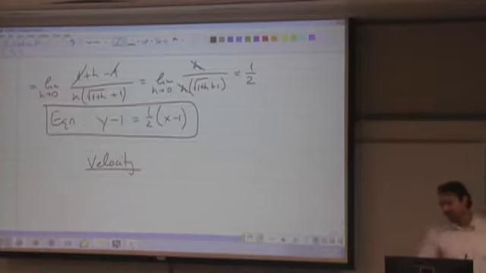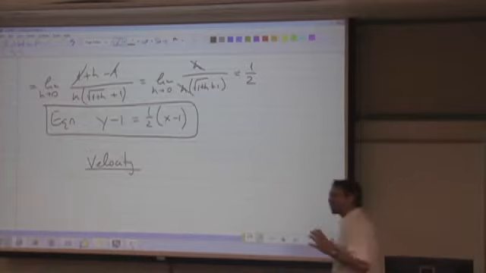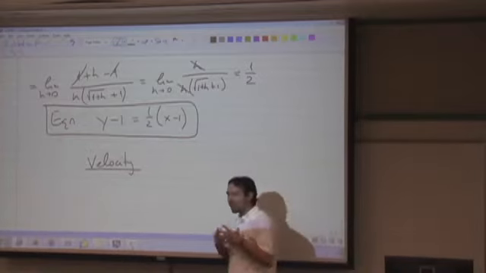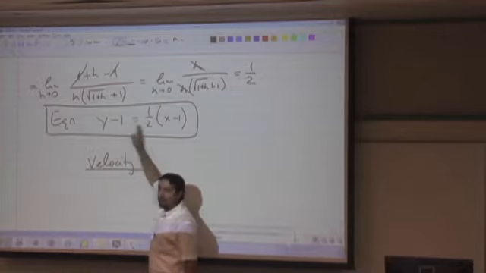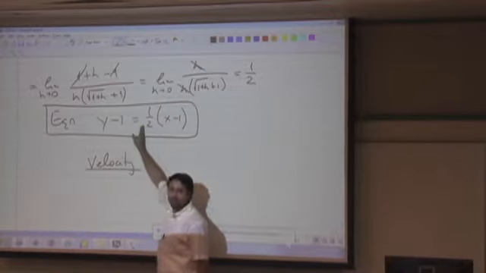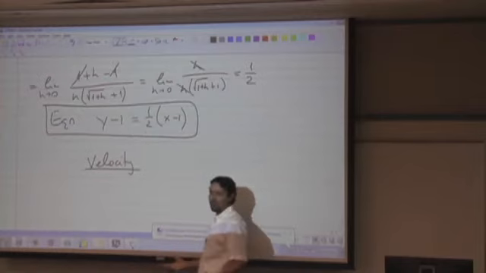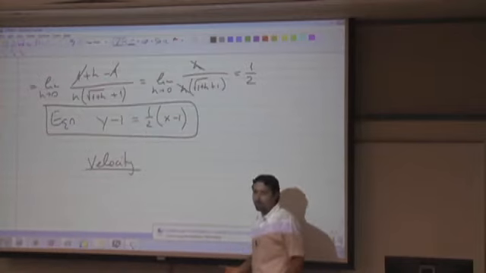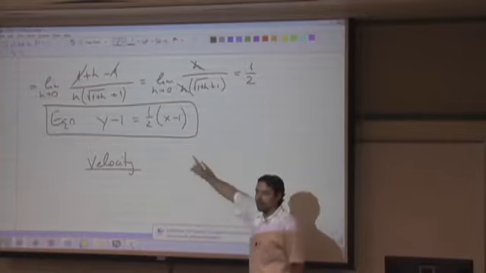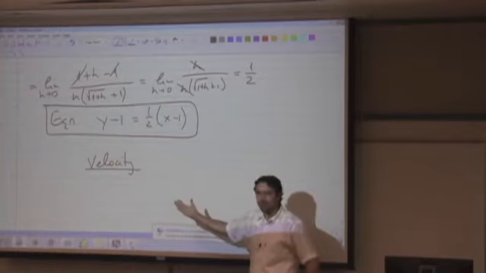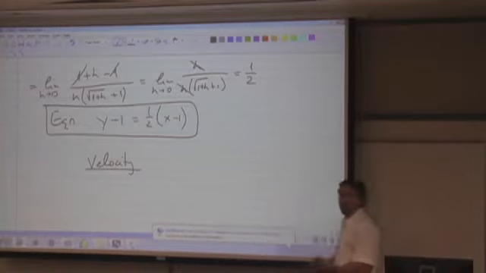Because I know you guys are always so attached to the mx plus b, and I never really understand why. I have my point, I have my slope. I don't have to find an extra thing. I showed you how to graph this from here, right? You start at the point (1, 1), you have a rise over run of 1 over 2, and that's your graph. You don't really have to go and find the y-intercept.